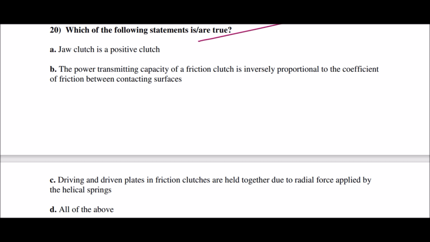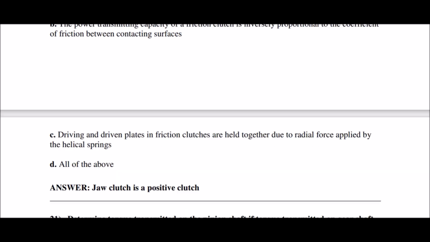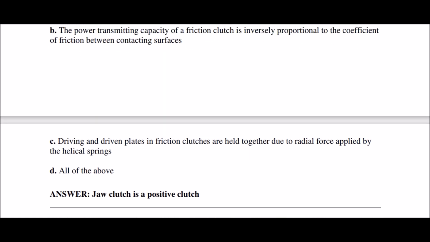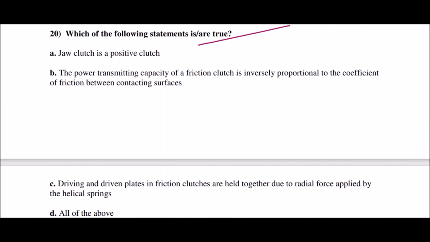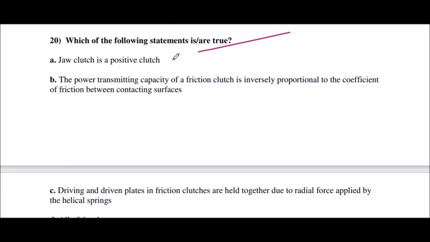Option C, driving and driven plates in friction clutches are held together due to radial force applied by the helical springs. And option D, all of the above. Here only the first statement, option A, is true, and this is jaw clutch is a positive clutch. Other statements and other options are false.